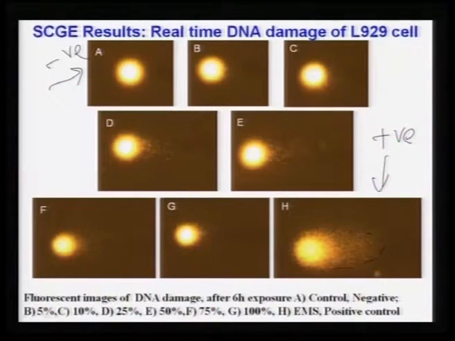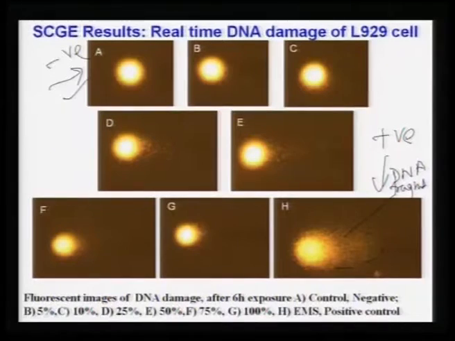Extensive genotoxicity means you see DNA fragmentation. All these dots essentially reflect the DNA fragmentation around the nucleus of the cells. In the case of the negative control, you do not see any DNA fragmentation, okay? And that is what is also shown here, negative and positive control.